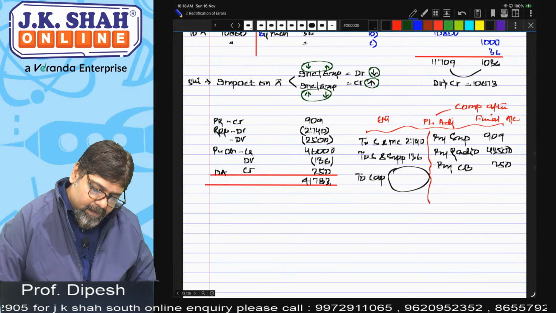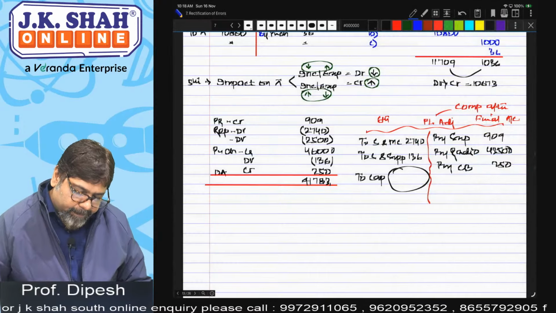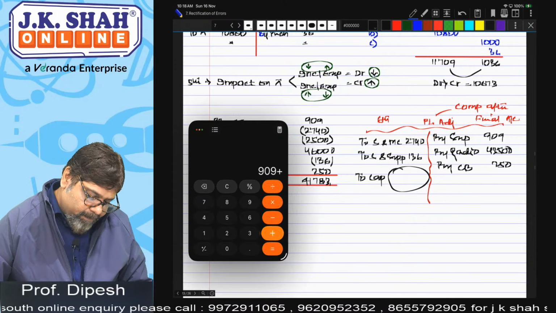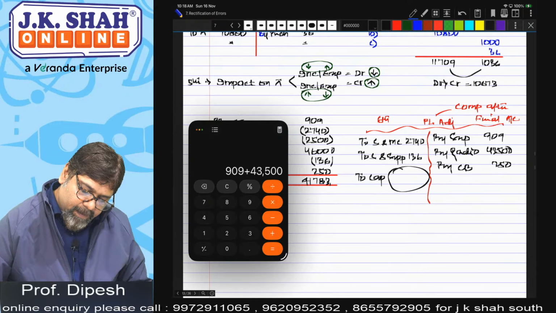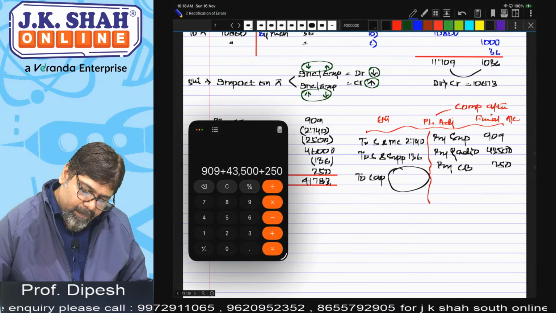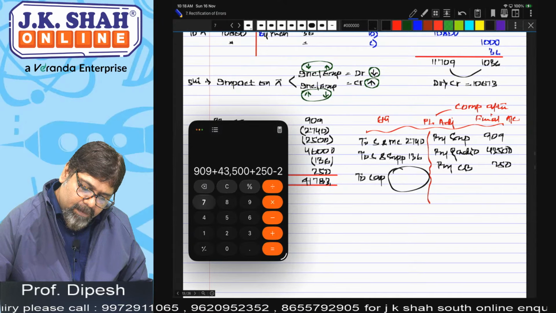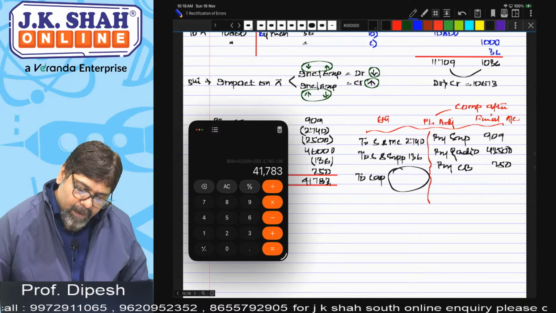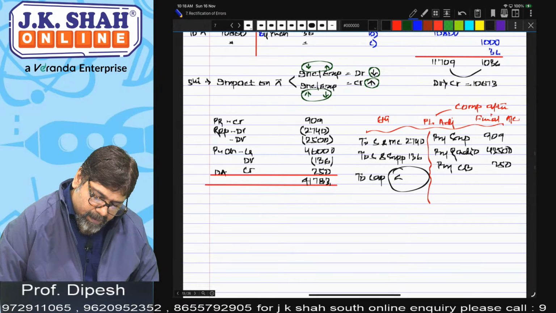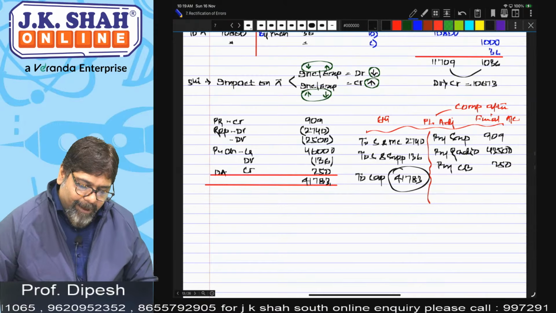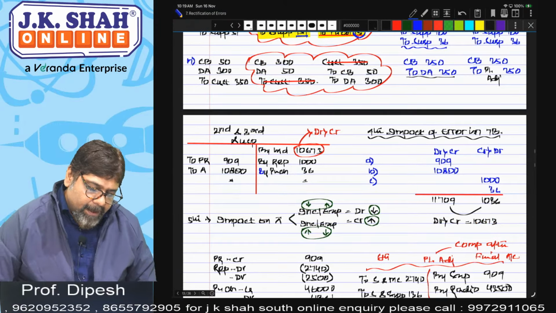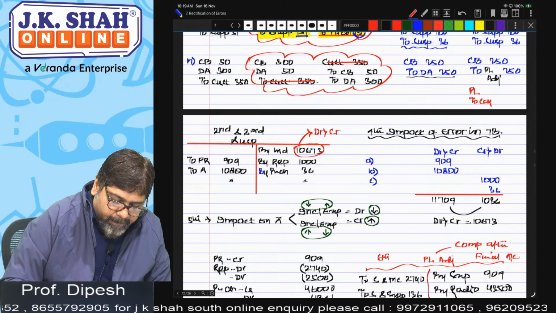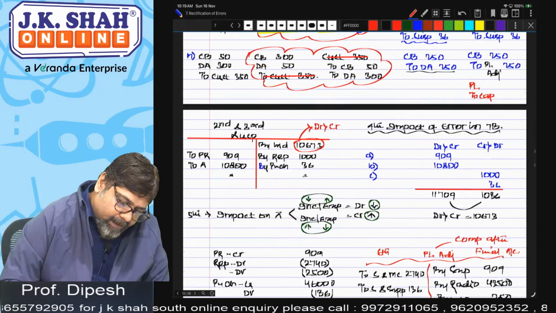Balancing figure. 909 plus 43,500 plus 250 minus 2740 minus 136 is 41,783. The entry will become PL adjustment to capital. This entry you are compulsorily supposed to pass: PL adjustment to capital 41,783.